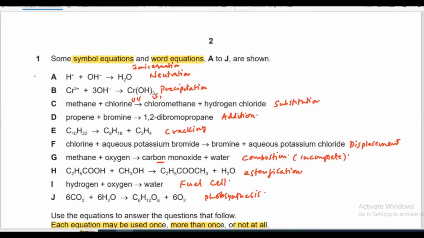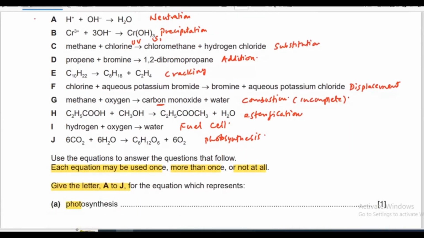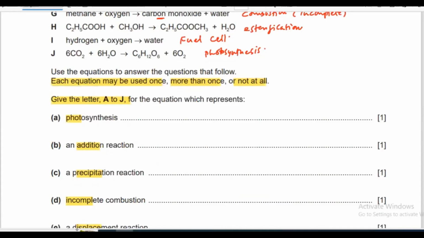So before answering the different parts of question number 1, learn the types of reactions which are in your specification, and then you will be able to answer each and every question which is part of this question. Now, this question says that each equation will be used once, more than once, or not at all. I have already explained all the reaction types.